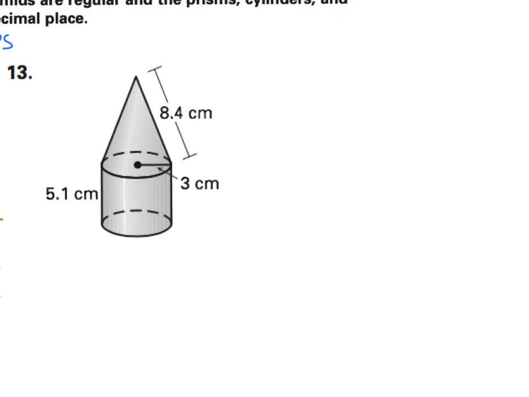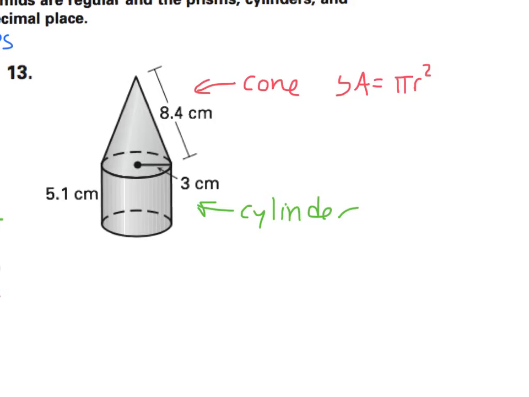So on number 13, we have two parts, the cone and the cylinder. And when I take a gander at each of these, the cone's surface area is going to be pi r squared plus pi r l. And the cylinder is going to be 2 pi r squared plus 2 pi r h.